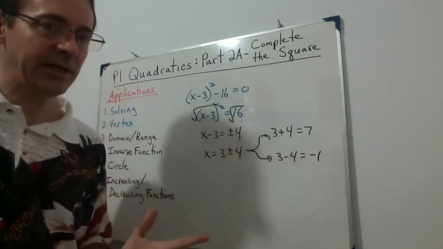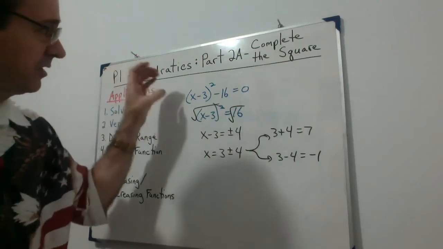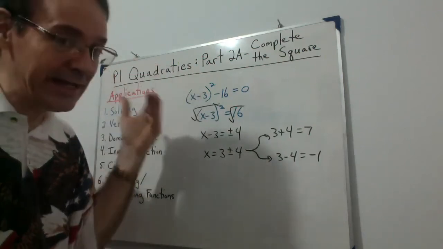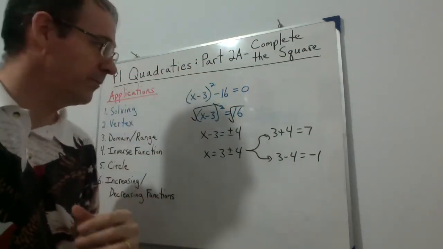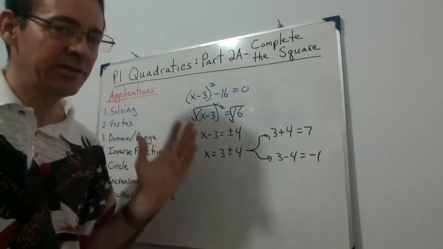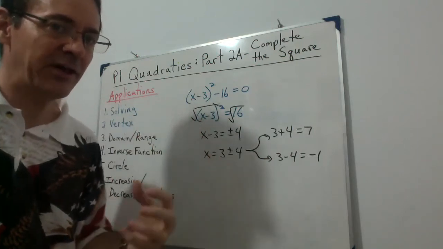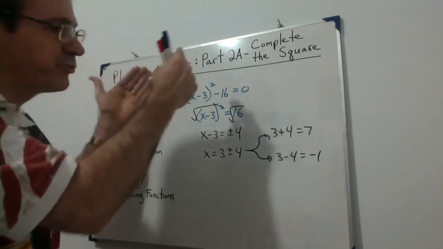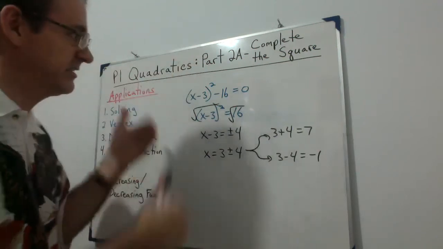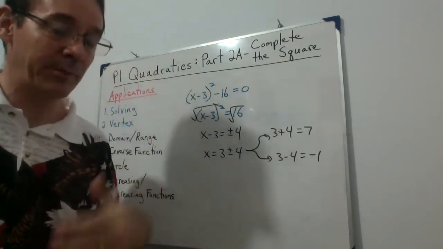Although I have to be honest, unless your form is already in the complete the square form, I generally wouldn't use it for solving. In other words, I'm not going to go through the complete the square process just to get it into that form so I can solve.